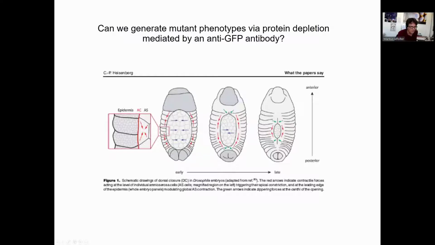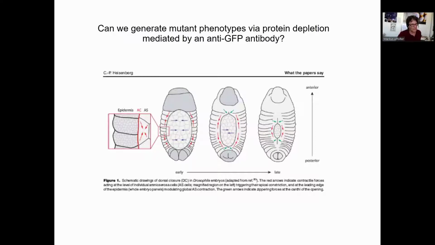And there are zipping forces here. There are 3 forces that are proposed to be involved in dorsal closure, all of them needed to close up the dorsal hole. So there is a blue force, a red force, and a pink force. And that was the model based on all kinds of chemical and genetic experiments.